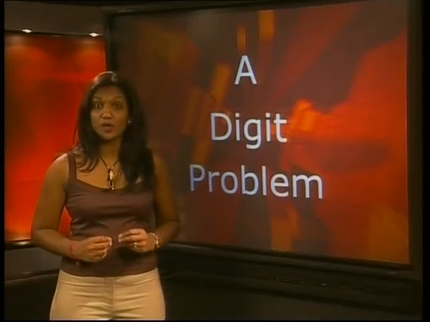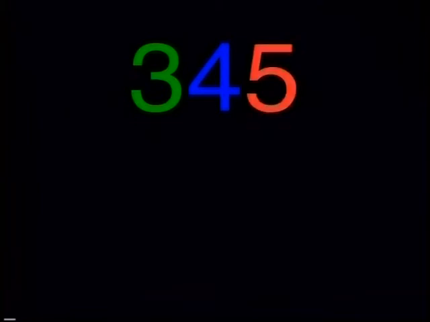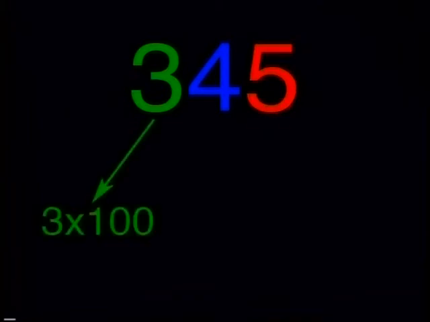Before we solve this problem, we need to understand what is meant by the digits in a number. Consider the number 345. How many digits are in this number? There are 3 digits, namely 3, 4, and 5. The digit 3 represents 3 hundreds, and we write 3 times 100.